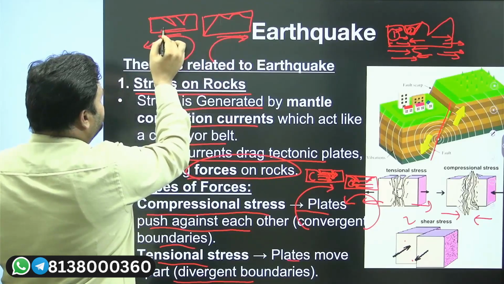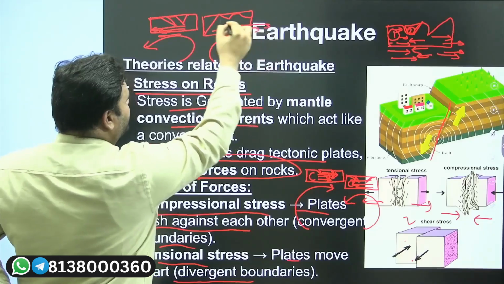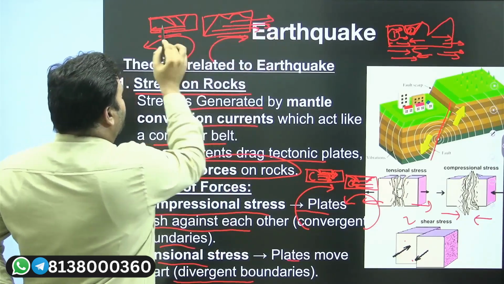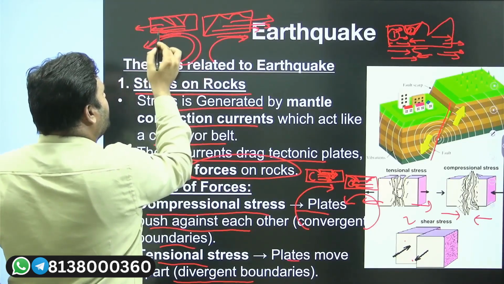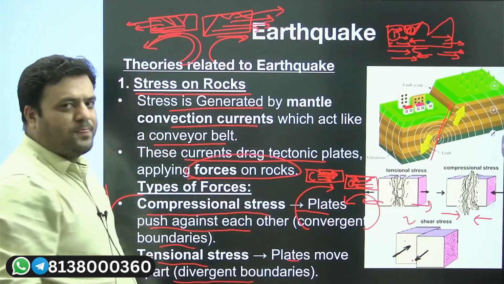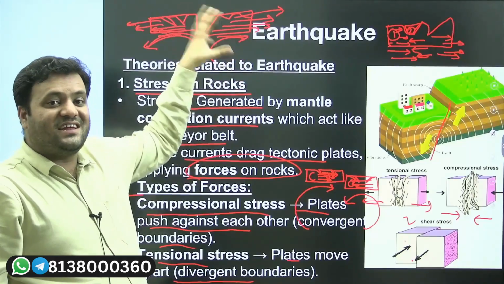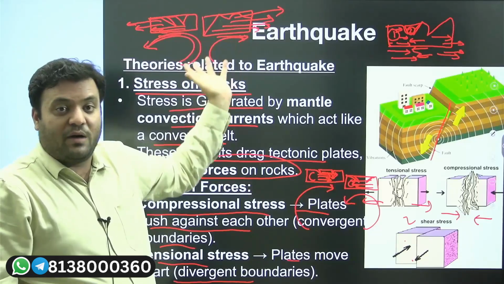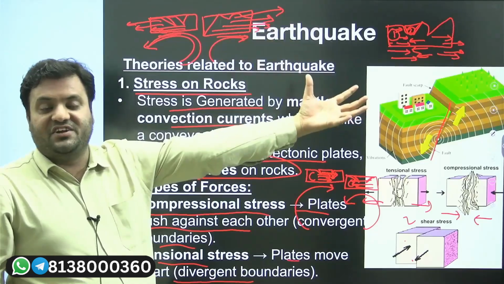There will be a stress on rocks which is going to build in this specific direction with respect to specific plates. Ultimately, what will happen? More and more stress will be exerted. If the mantle convectional currents are stronger, the stress is going to get stronger. And when the rock's strength is less than the stress, or let's say when the stress is surpassing the rock's strength, there will be an earthquake. Seismic energy is going to be released.